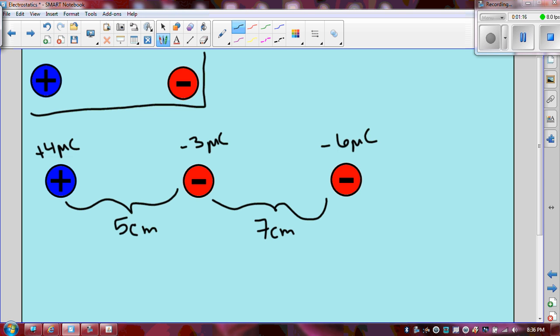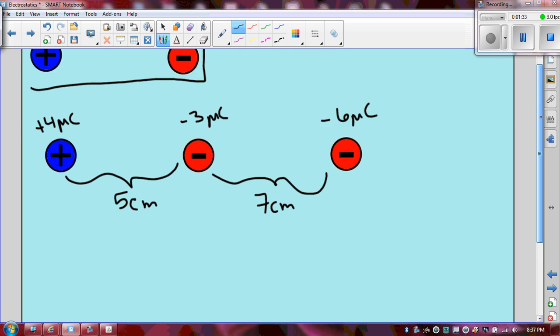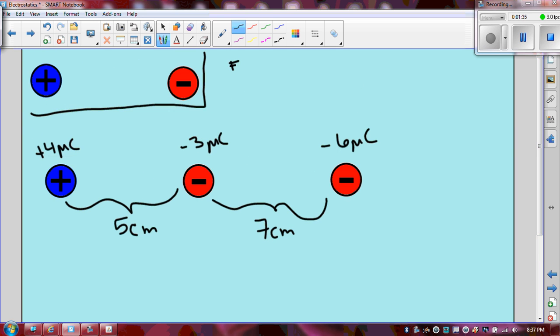Now, this one is a little bit different than before because now we're looking at three charges. And so it's not as simple as just saying attractive or repulsive or anything like that, because now we have three charges. And so you could get something like this on a test, and then I could ask you, find the force and direction, because we always want to find direction.